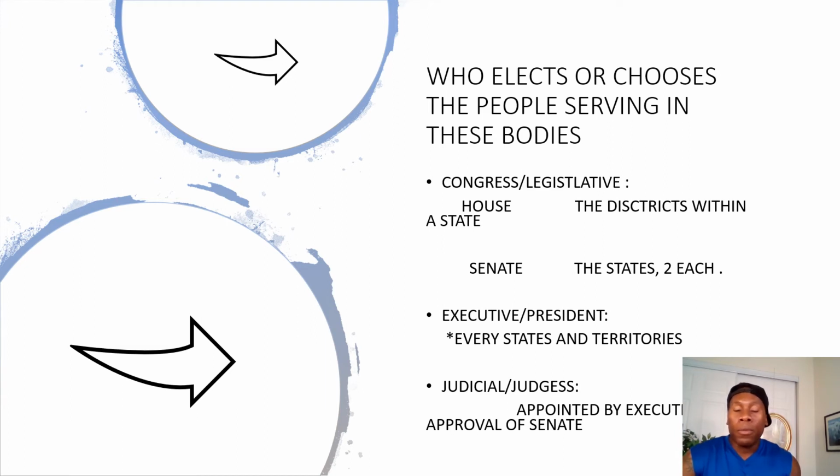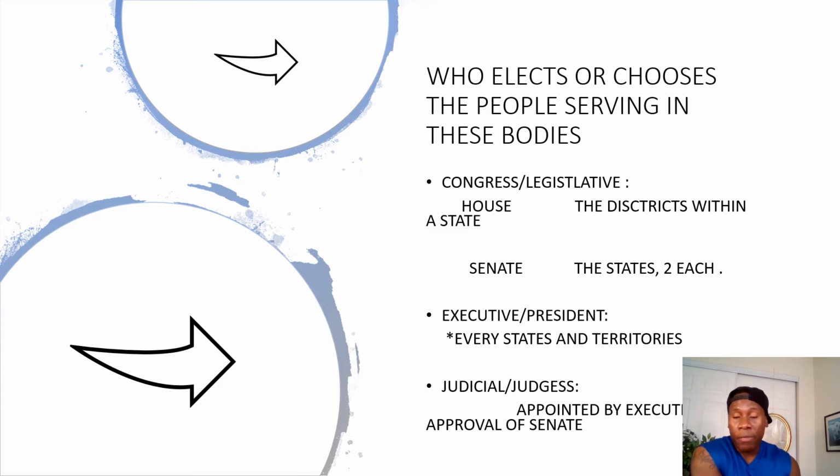Now, who elects or chooses the people serving in those different branches we mentioned earlier? Let's take the Congress, for example. The House and the Senate are the two parts of it. The House gets elected by the people of the different districts which are represented.